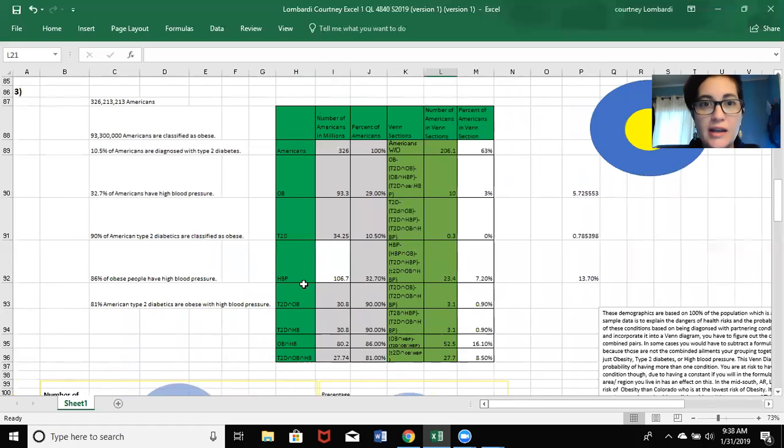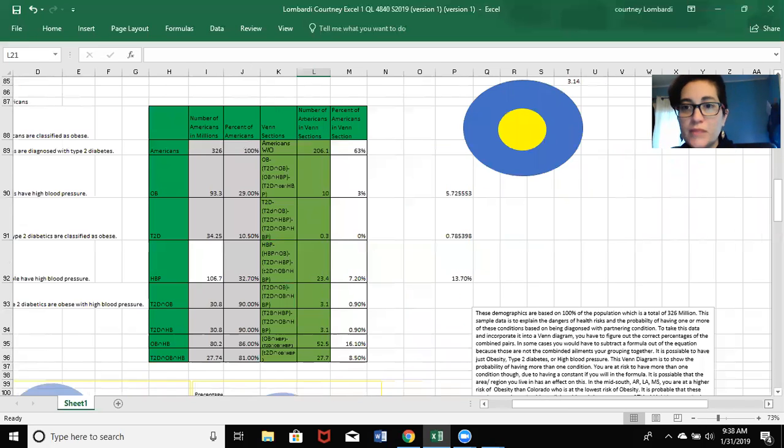Sometimes you cannot help having one of these. Diabetes can be genetic. Obesity, if you have thyroid issues, you gain weight, and there's not really a lot you can do. High blood pressure can be genetic, but sometimes there are things that you can do to keep from getting these things. These demographics are based on 100% of the population, which is the total of 326 million.